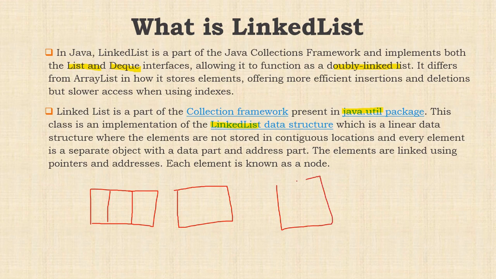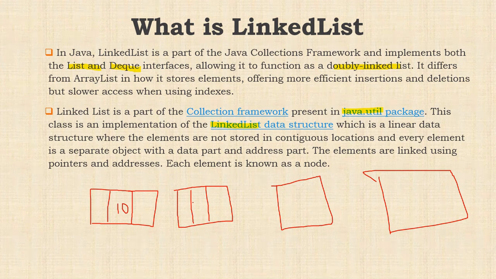So our linked list will be visible like this at the time of storing. We are going to store 10 here, then we are going to store 20 here, and then we will store 30.